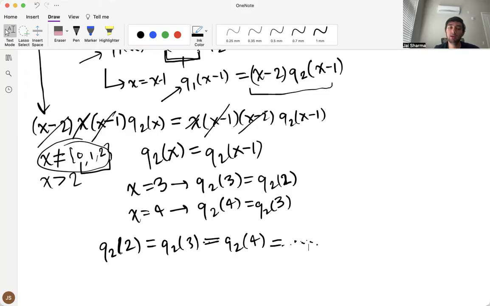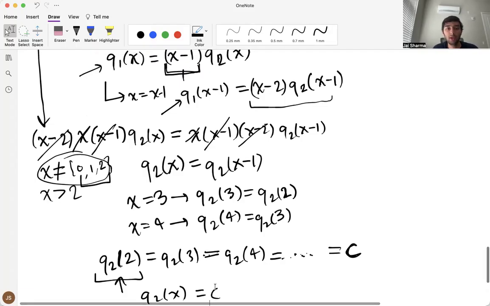Well, this can't be the case, right? Unless they're all equal to a constant, c. So q2 is a constant. So q2 of x is a constant.